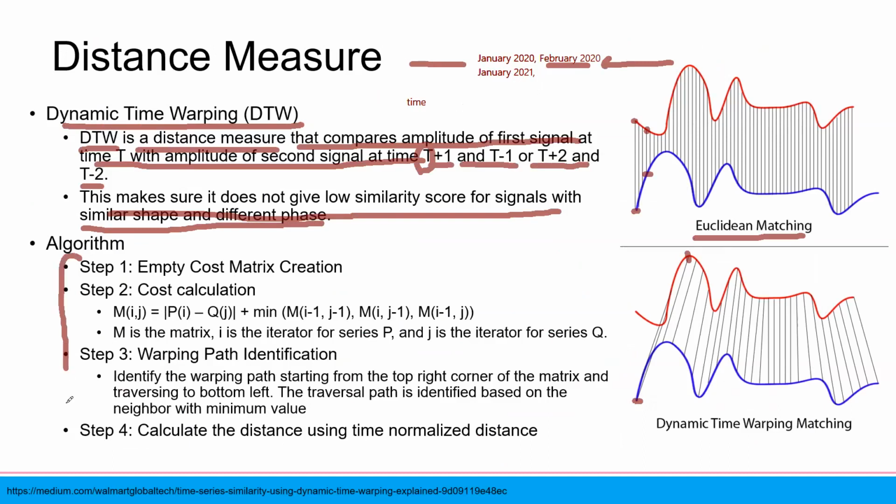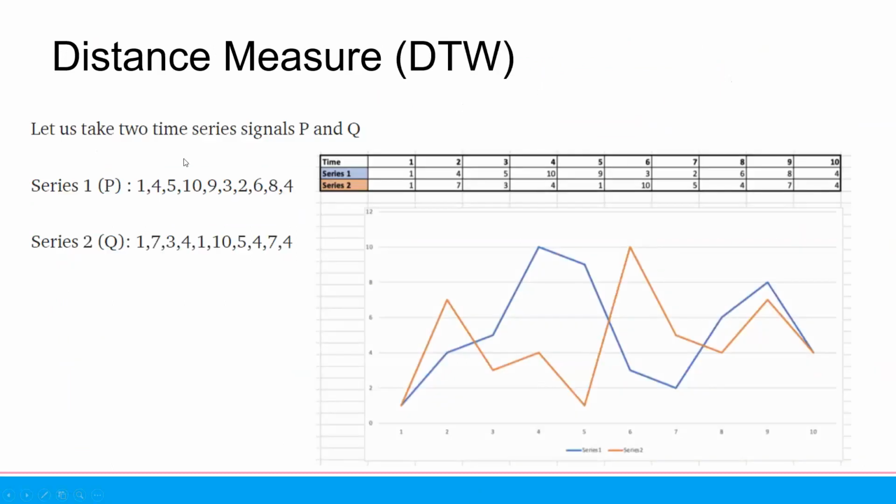This is the algorithm. Let me just skip the algorithm. Let's check the example; it will be easier for us to see. Now, we have two series, P and Q. Maybe you can think of this as a stock from one company and this as a stock from another company.